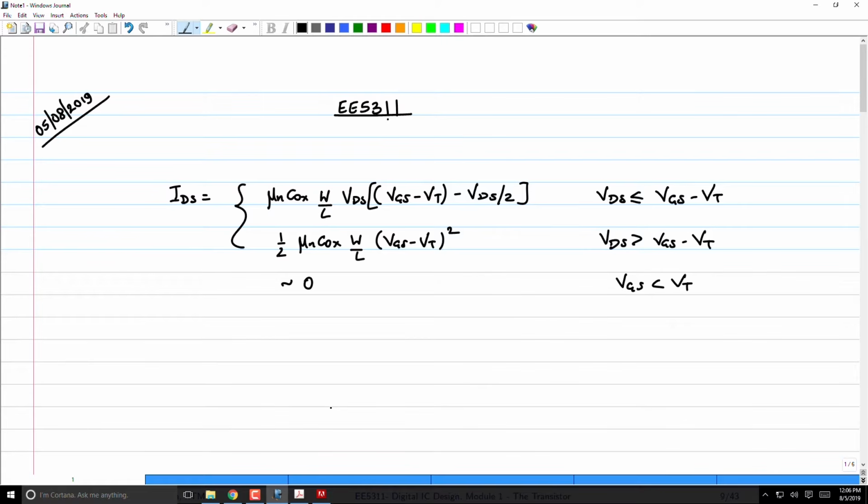This is what we call a long channel transistor, which means that the drain and the source are sufficiently far apart that we really don't have to worry about second order effects. Next we will derive a short channel transistor's drain current by incorporating various second order effects. But before that, let me deal with what is known as the body effect.